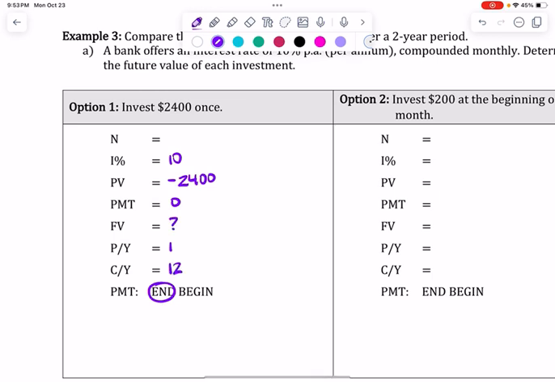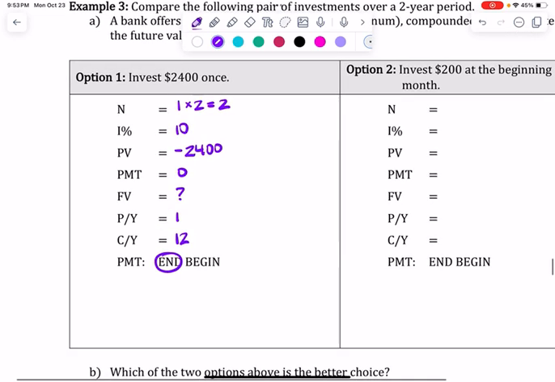I'm looking for my future value, so that's a question mark. And my N value is equal to my PY times the number of years, which is 2, to give me 2. When I plug this into my calculator with appropriate units and rounding at the end, I end up with $2,928.94.